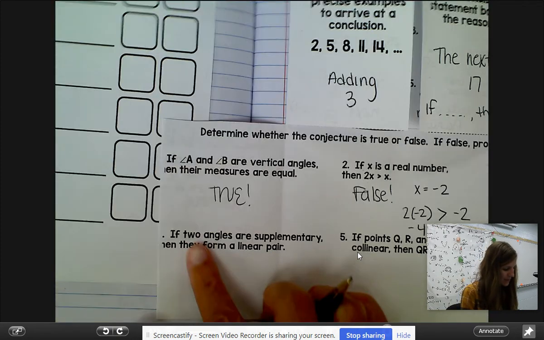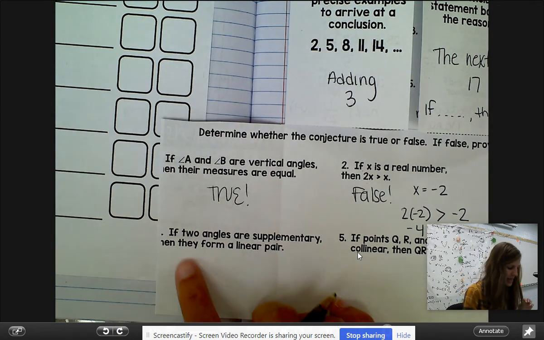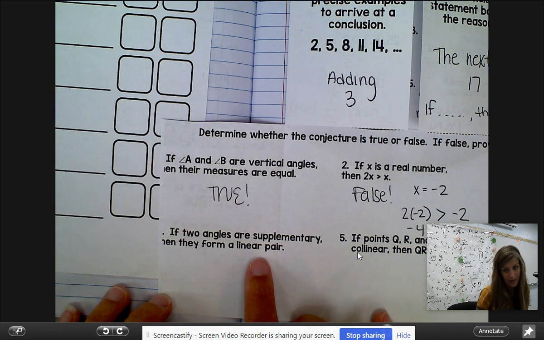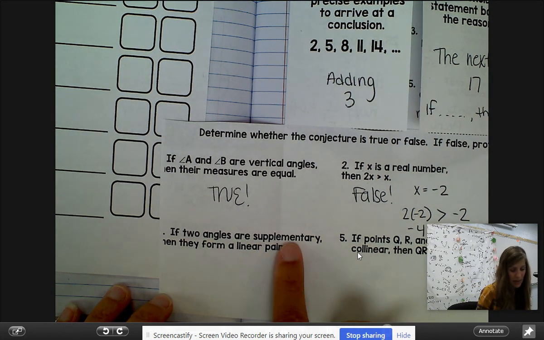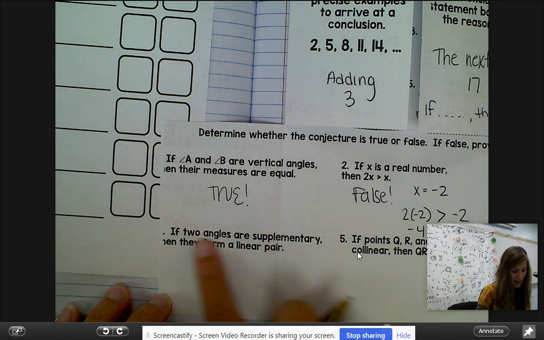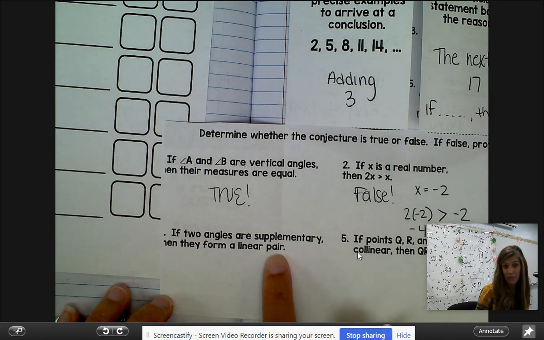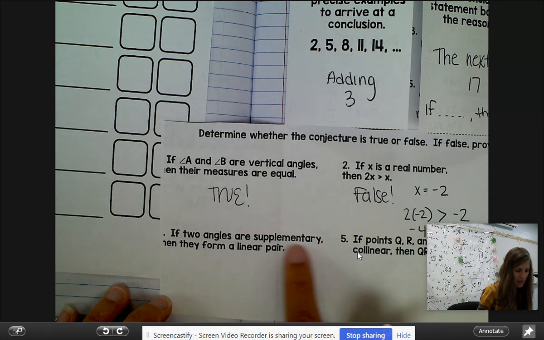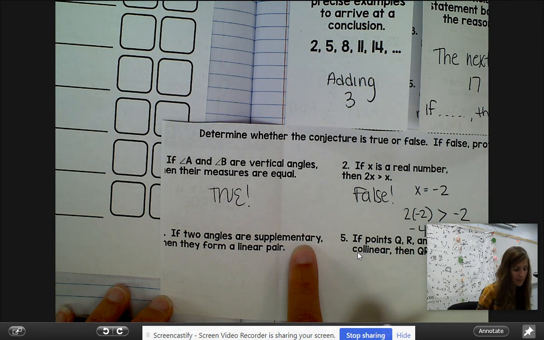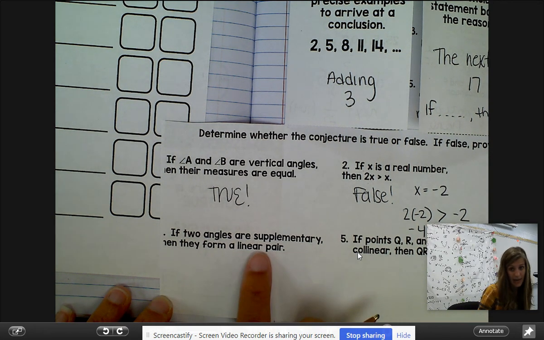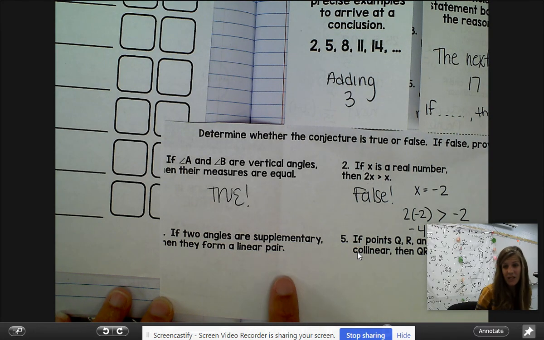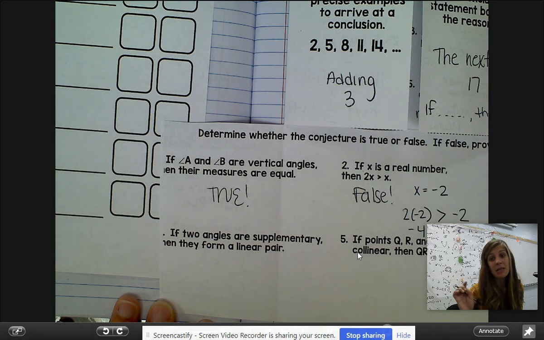Okay, number 4, if 2 angles are supplementary, then they form a linear pair. So I have to have angles that are supplementary. My hypothesis must be true, but then my conclusion must be false. So I need to have 2 angles that are supplementary, add up to 180, but not form a linear pair. And that's kind of the definition of linear pair, but they must also be adjacent.